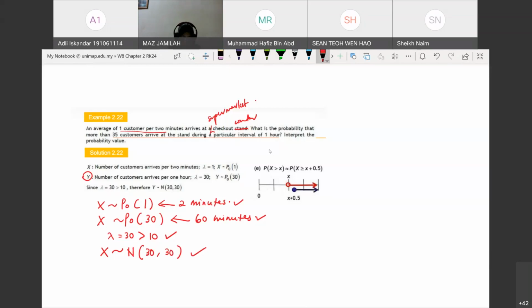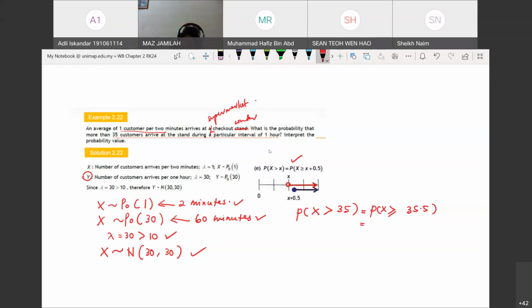Second step. Now, what is the probability of more than 35 customers? So P(X greater than 35). Okay, more than 35. So in this case, with the correction factor, P(X greater than or equal to 35.5).